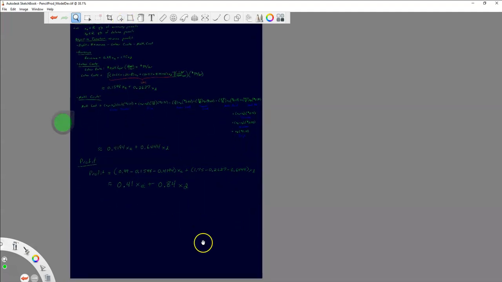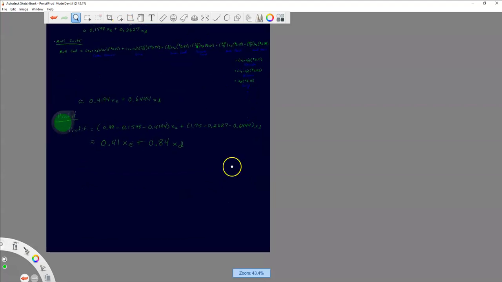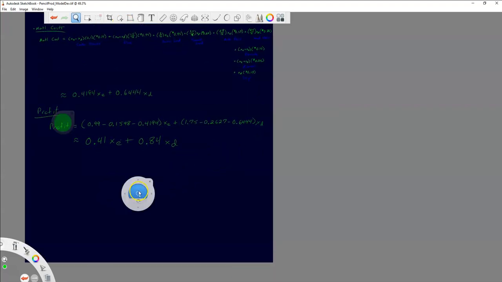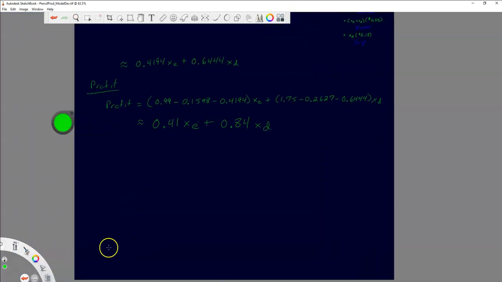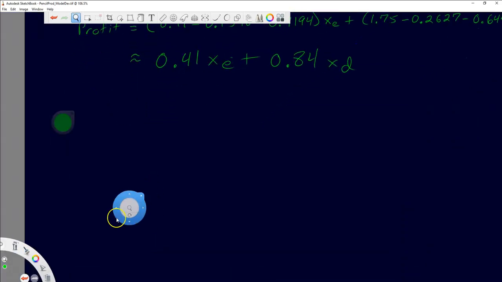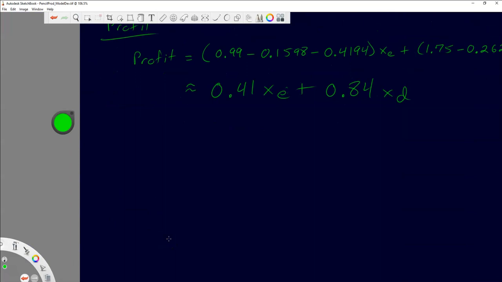Alright, that'll do for now. Forgot to anchor it, but it's fine. Alright, so let's clean that up. And let's say this will be our LP model down here.